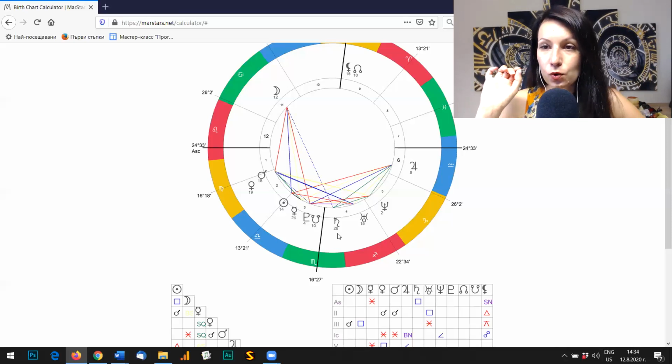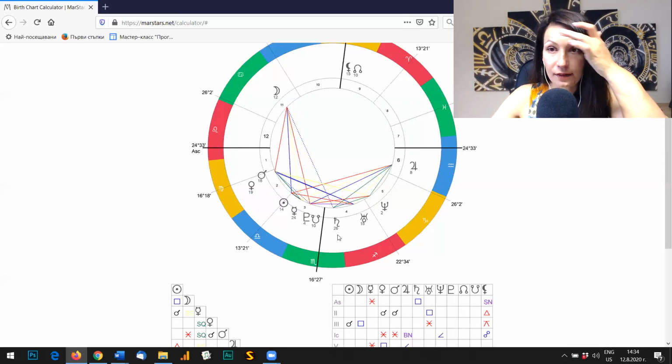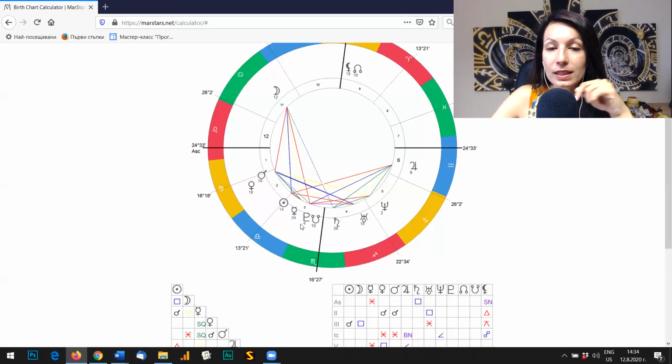Then you can also check how strong is the planet in this particular sign, especially if we talk about the first seven planets, so excluding the outer planets. For Uranus, Neptune, and Pluto, we don't analyze their strength based on the sign they're in, but for the other seven planets, we definitely do that. So with Saturn in Scorpio, we can say that Saturn is not strong there.